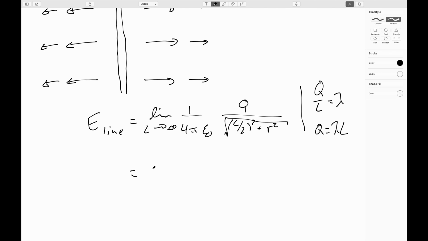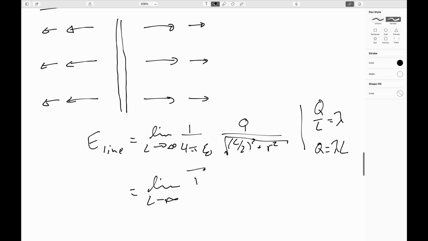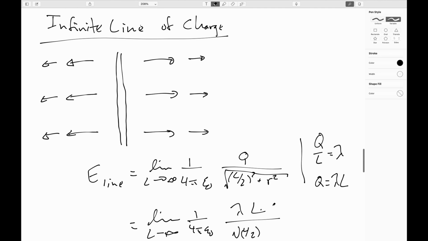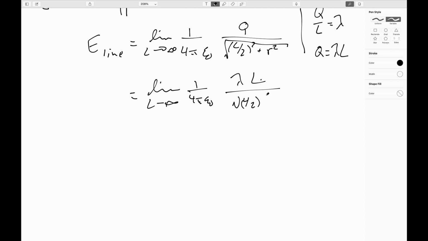So then this will be the limit as L goes to infinity of 1 over 4 pi epsilon naught, lambda L over the square root of (L over 2) squared plus r squared.